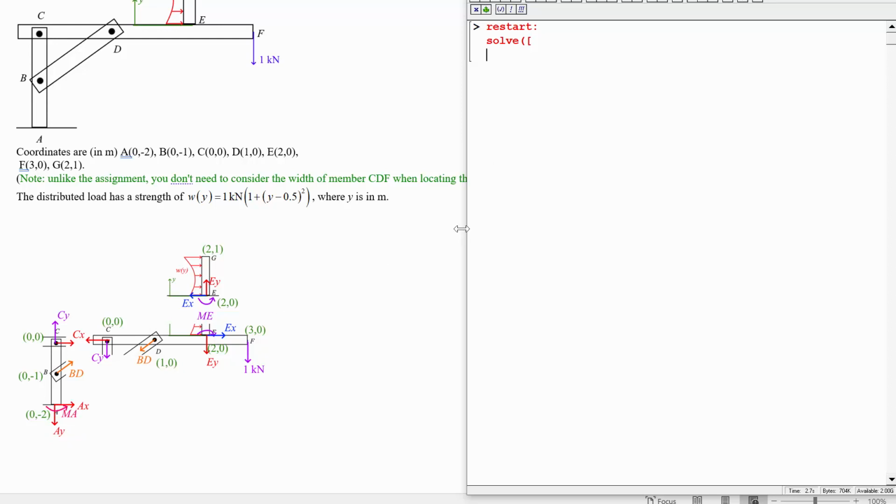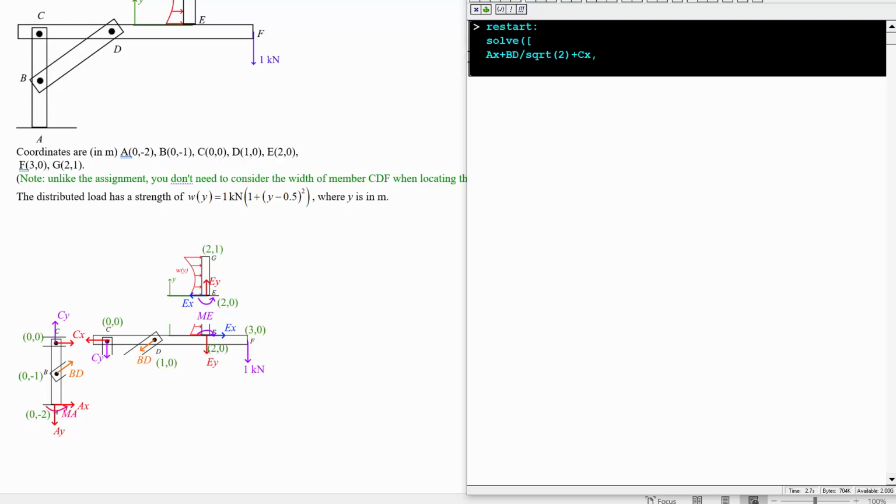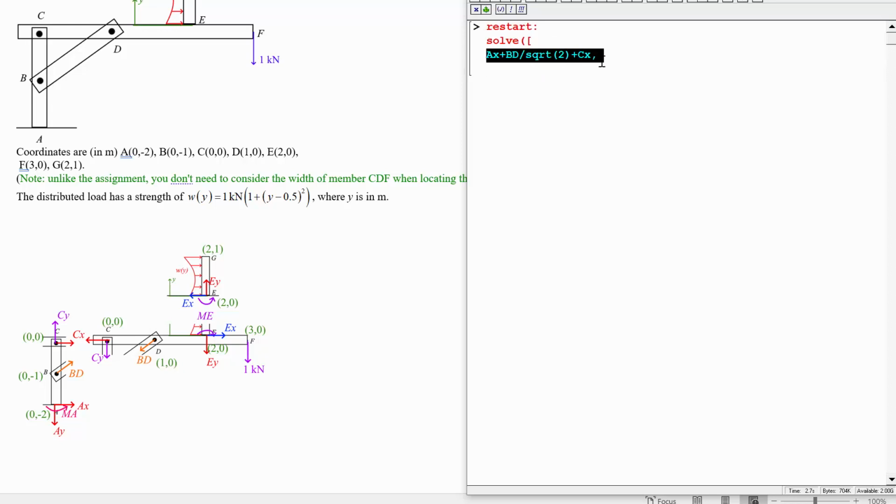The net force in X will have AX to the right, plus BD over square root of 2, plus CX, and that's it. We've added up these 3 forces, and they're going to be equal to 0. When we just give one side of an equation to solve, it assumes you mean this equals 0. That is required because this isn't accelerating in X, so we have no net force in the X direction.